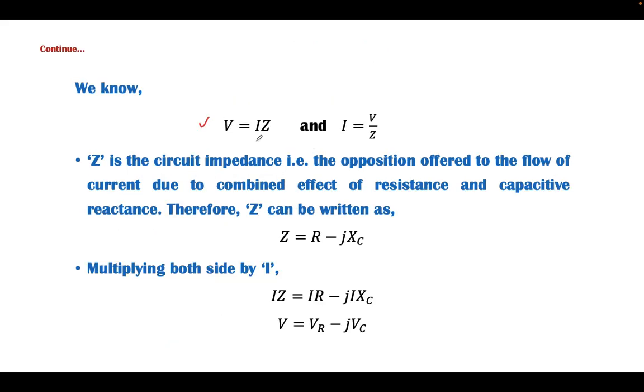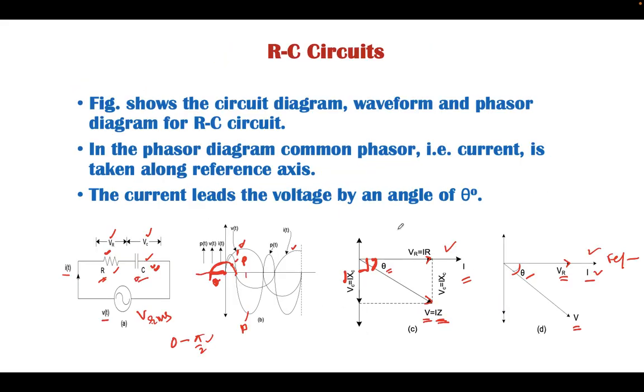Again V is equal to I into Z. Here Z is the opposition offered, the combined effect of resistor and capacitor. From the phasor notation, Z can be represented as R minus jXC. Here minus is taken because the XC vector is clockwise from the reference.